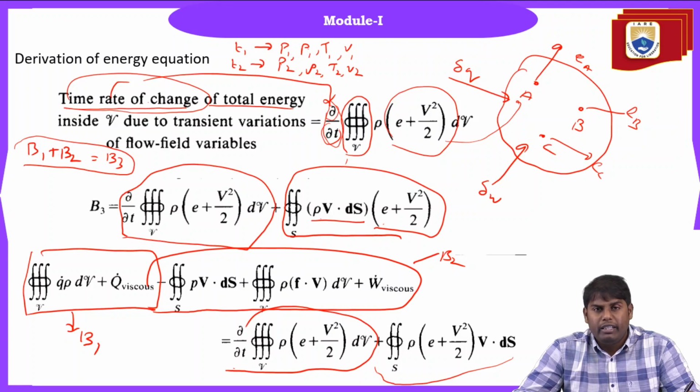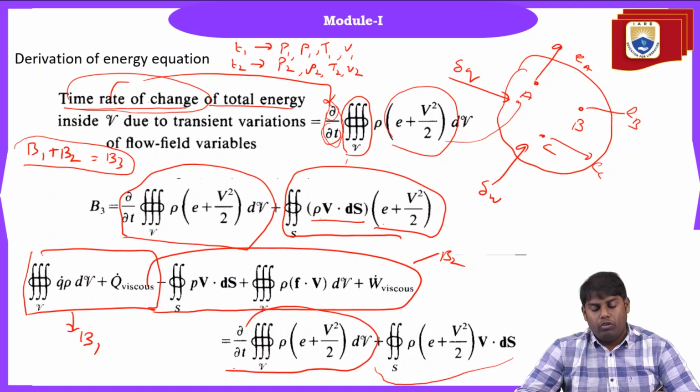And the third thing, B3: when B1 and B2 are interacting with the system, whatever change comes changes the throughout system property, the total energy inside the control volume, which happens to be dou by dou t of the volume integral of rho into (E plus V square by 2) dV, plus the surface entity.